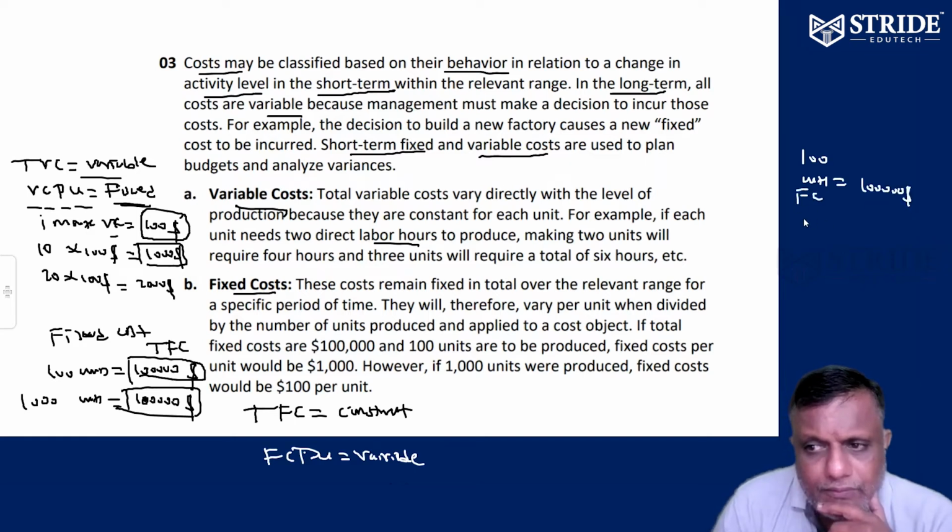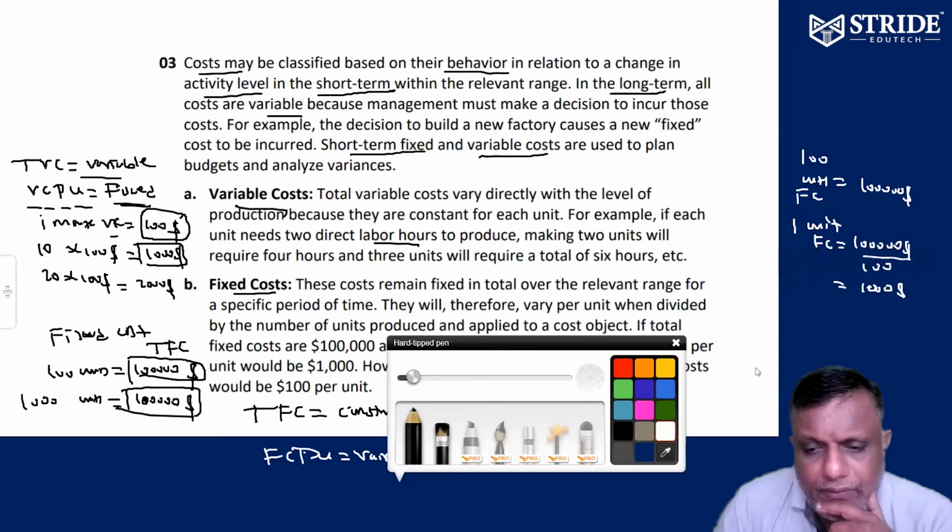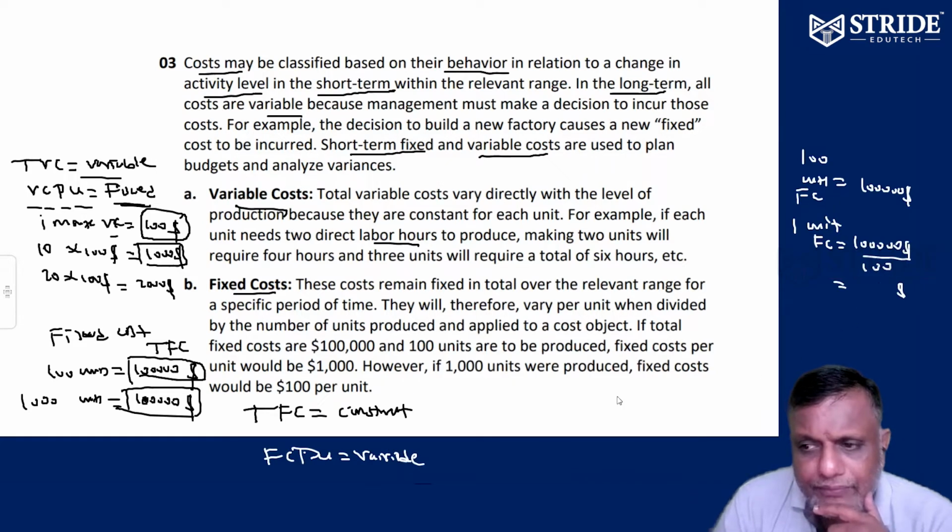What is 1 unit fixed cost? $1 lakh by 100, that is equal to $1,000. So fixed cost per unit is $1,000.